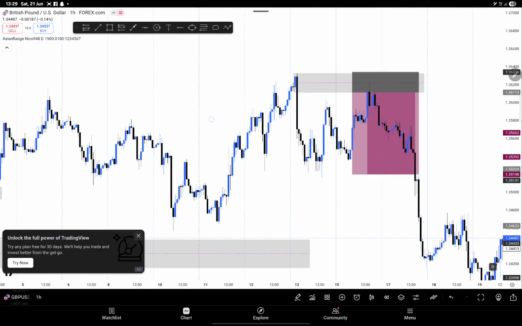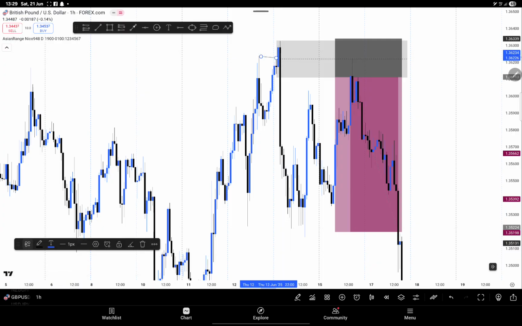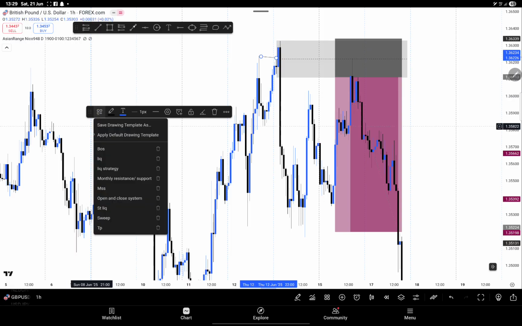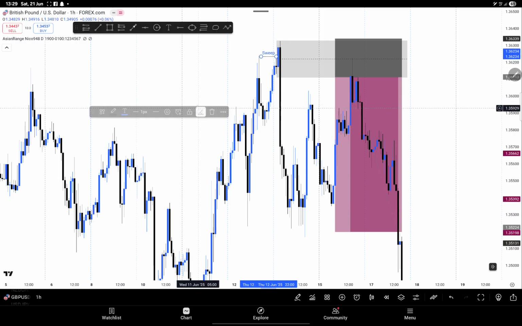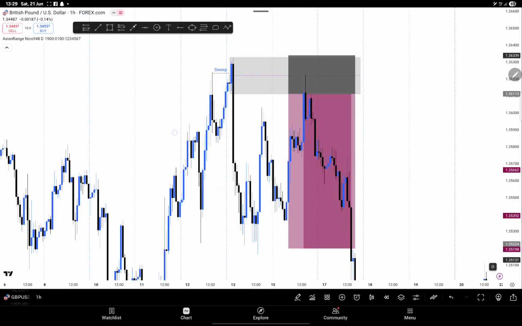I saw a very clean setup. There was a sweep right here, a sweep right there, and a break of structure.